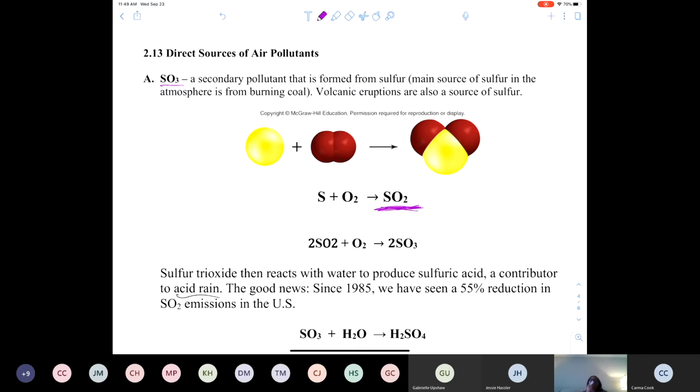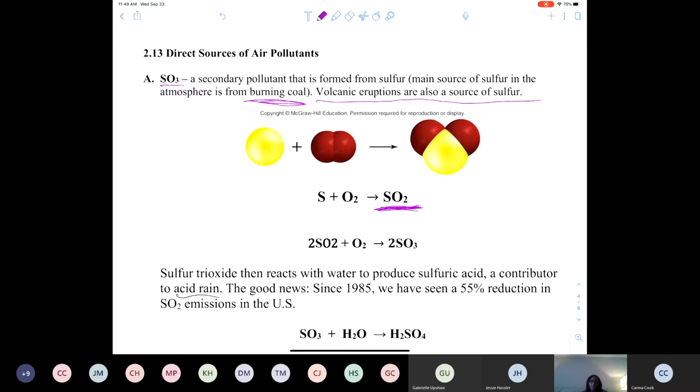The main way that sulfur gets in our atmosphere is through burning coal. But also some natural sources are volcanic eruptions. So whenever there's a volcanic eruption in a state or a country, for that matter, the levels of sulfur in the air will go up.